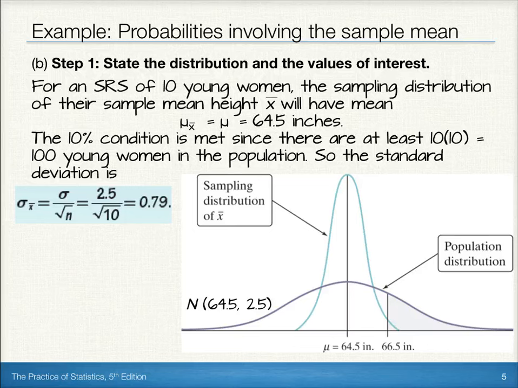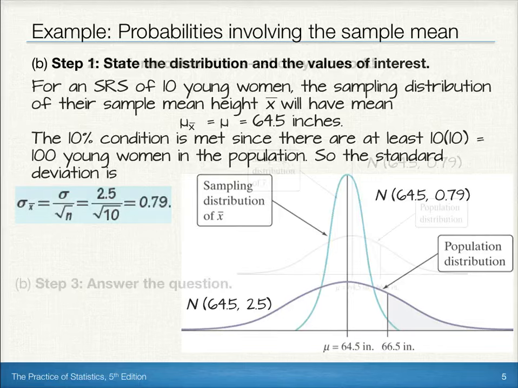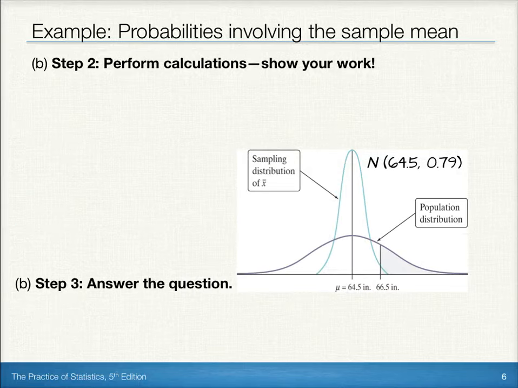Notice again that the sampling distribution is much more narrow than the population distribution itself. Now, to find the actual probability, we'll perform our calculations, again finding the standardized score of the boundary value in this distribution, and notice it's going to be much greater than the z-score in our original population distribution.